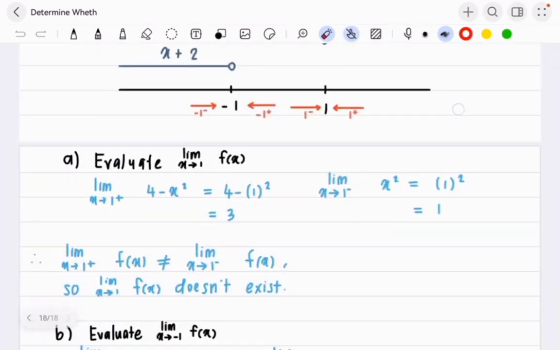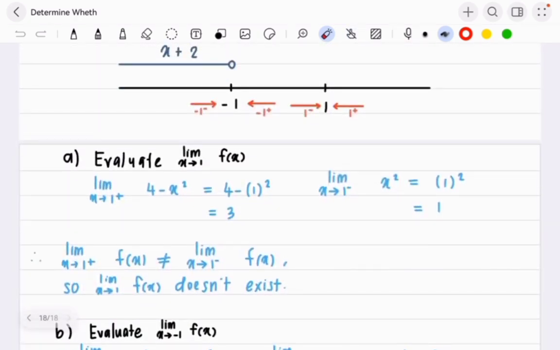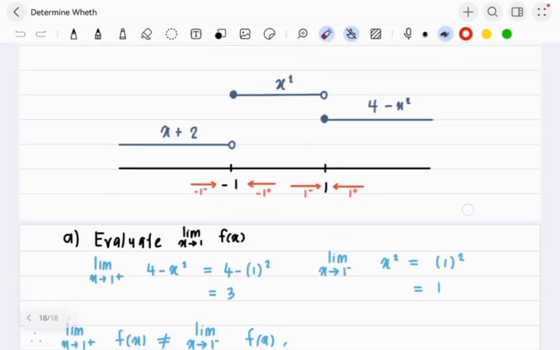So the first question is evaluate limit x approaching 1, f(x). When they ask you to evaluate, you have to determine whether limit x approaching 1, f(x) exists or does not exist. So let's see.